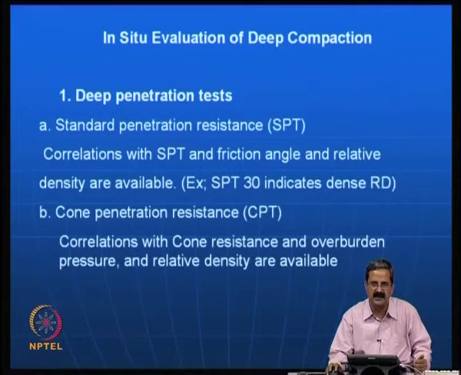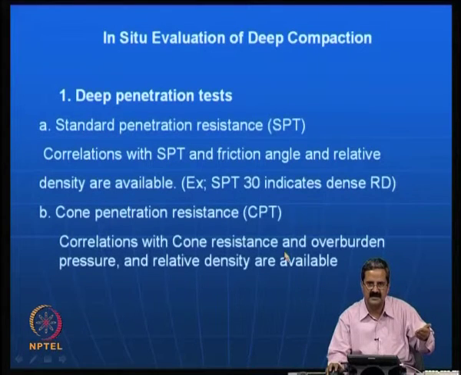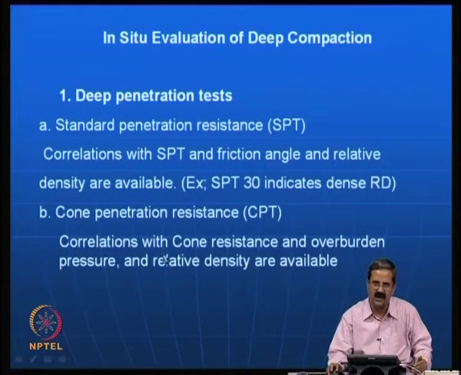In fact, it can even measure seismic wave velocity if you have a proper tip attachment to the cone. So, it is very useful nowadays. Here again you have correlations with cone resistance and overburden pressure. The higher the overburden, the higher the resistance and the higher the relative density. There is literature available which will clearly tell you if the density is very good.